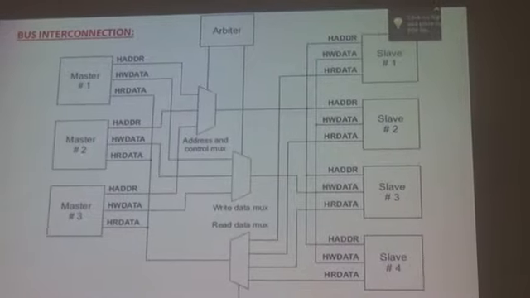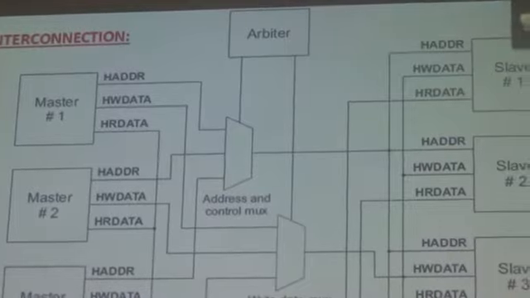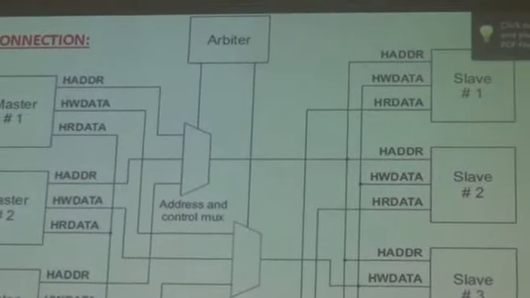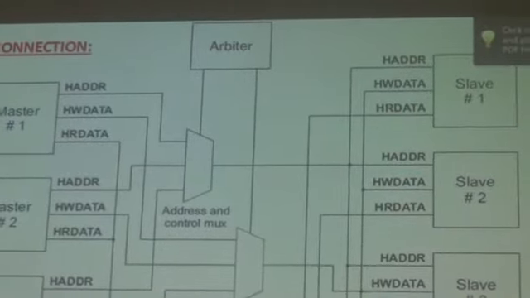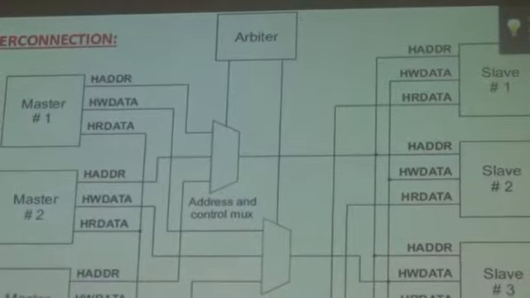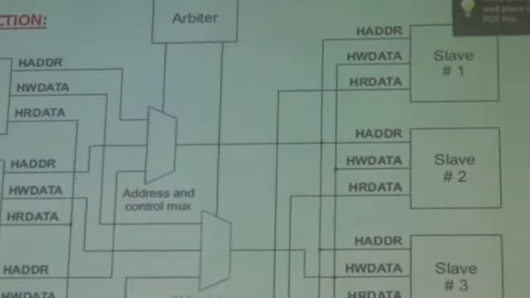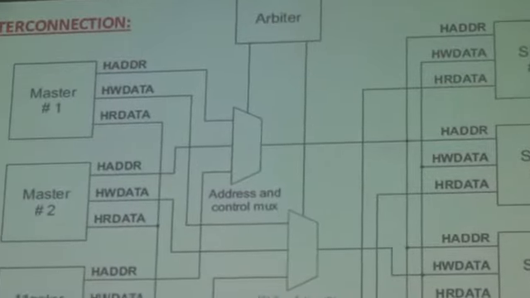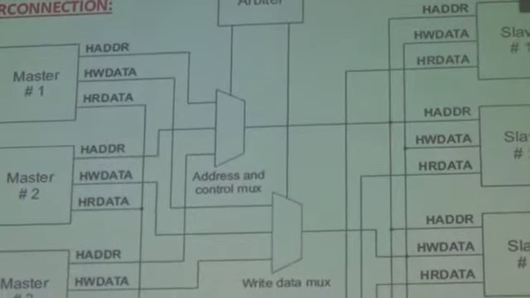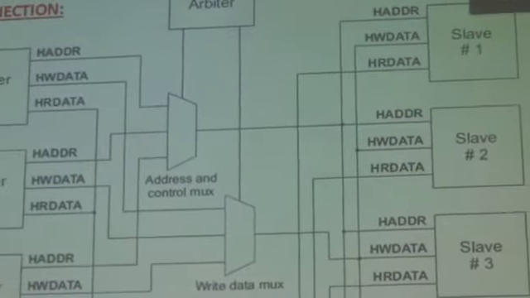For example, there is a master 1 having the high priority issued by the arbiter, and the arbiter wants to issue the bus to master 1, but at that time the slave responds with split. That means the slave shows that it takes more cycles to perform the transfer from the master to the slave.